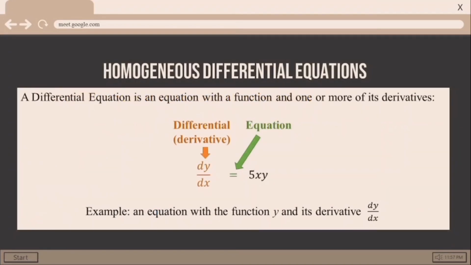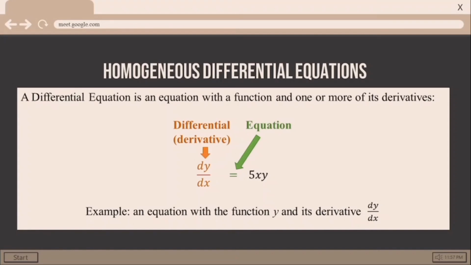And now we are back in this slide. So, homogeneous differential equations. At this moment, I will now be giving the floor to the next presenter, Mr. Aljon Byron.